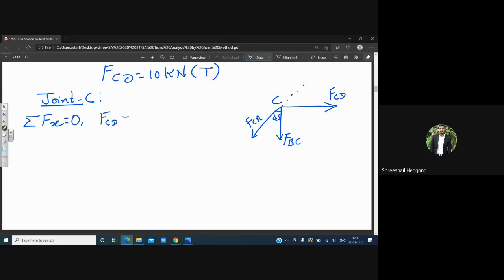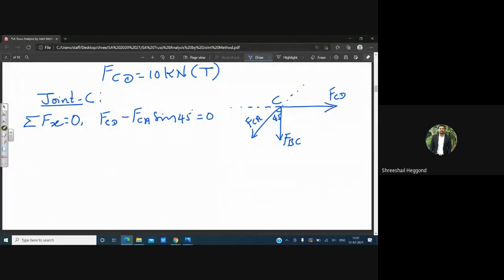Then minus FCA, this value, and angle would be sin 45 degree because you need to consider in this direction. Sin theta as 45 degree directly you can write, that is of 45 degree, is equal to 0.